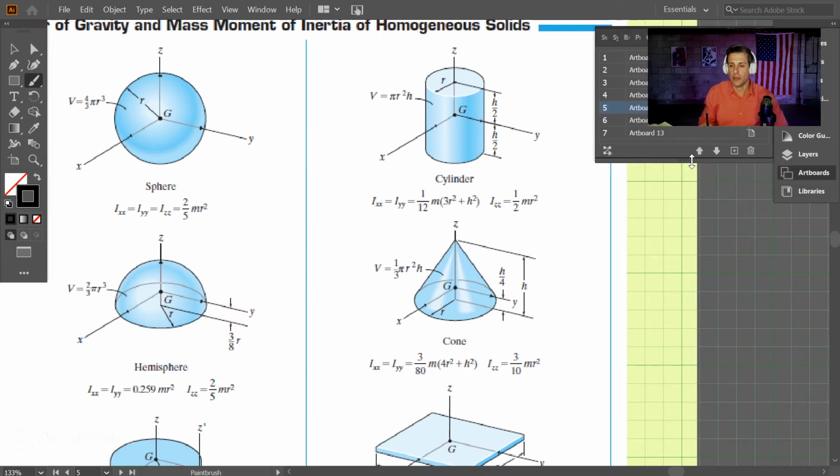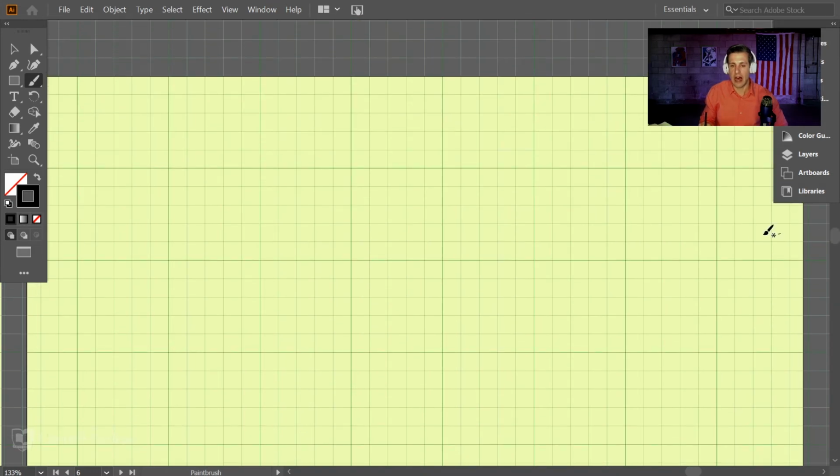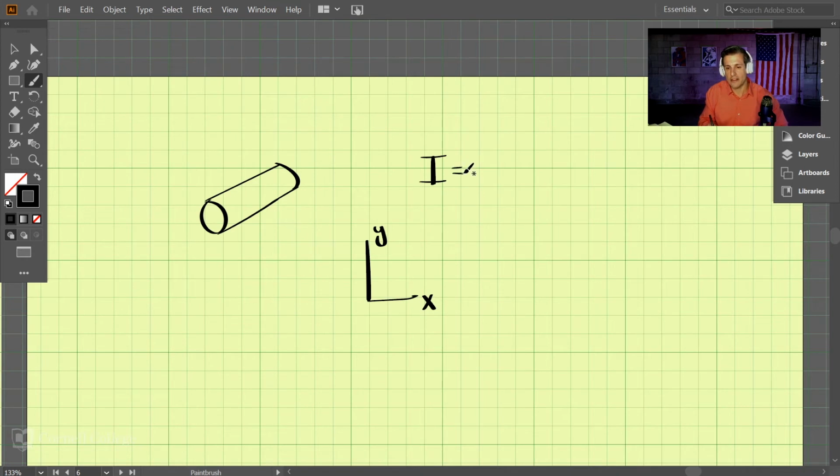So with that, if we want to find the mass moment of inertia of a cylinder rotated about some arbitrary axis located a distance away, we can use the parallel axis theorem again, and it has a slightly different form where I is equal to Ig plus m times d squared.